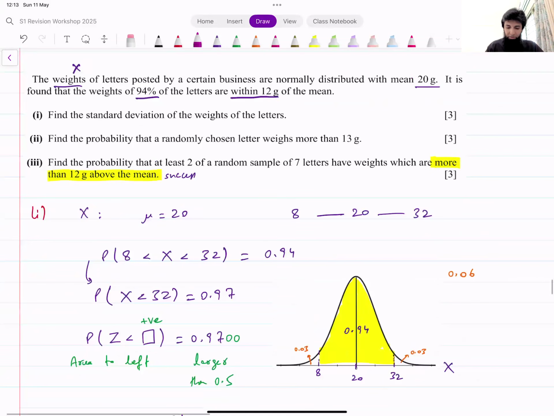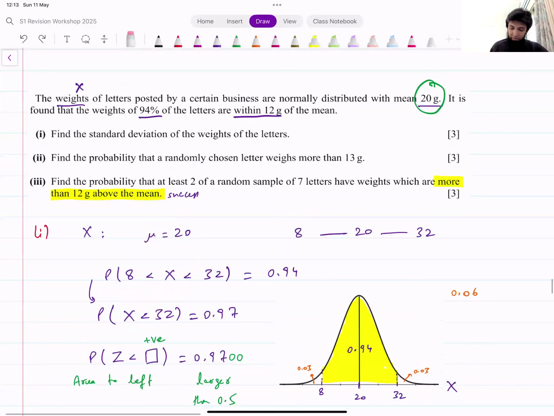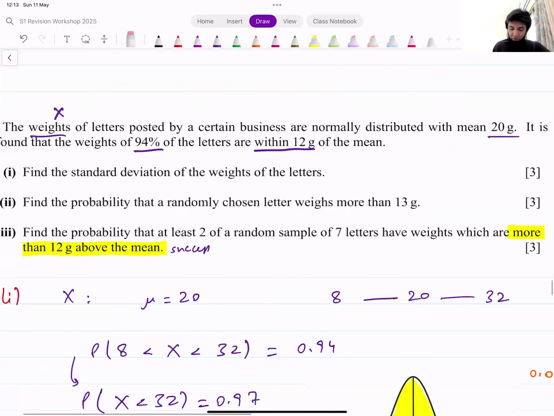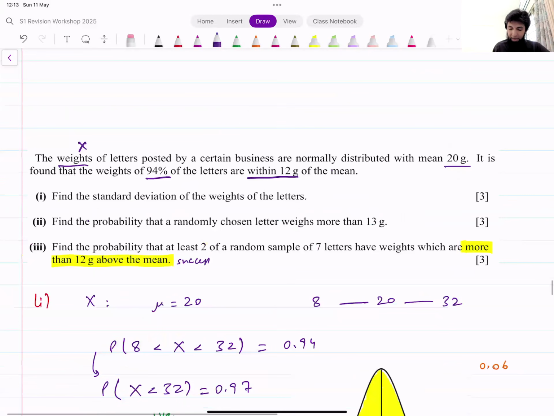There's a normal distribution with mean 20 grams, and 94% of the letters have weights within 12 grams of the mean. Okay, now how do you understand that? Mean is 20. 94% have weights that are within 12 grams. 20 is the mean.